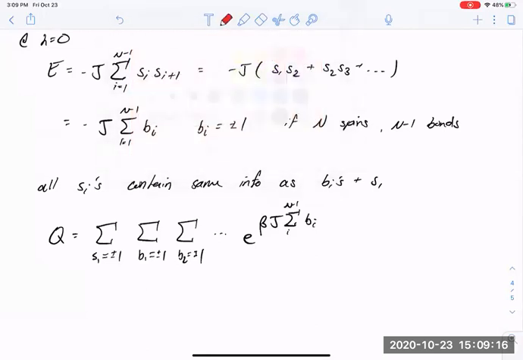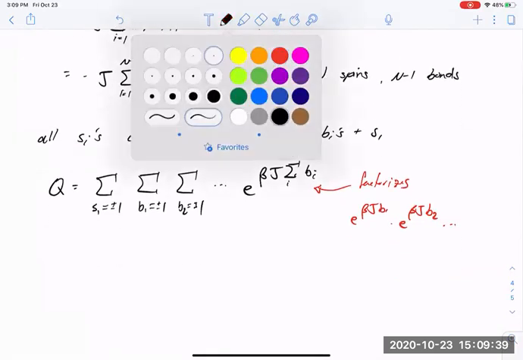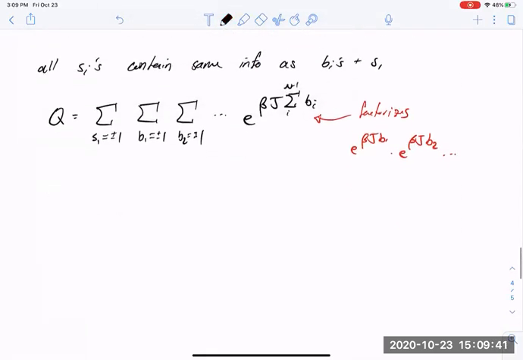And that is super convenient because then that has the form that we know and love and know how to handle. That factorizes into a product of e to the beta J b1 times e to the beta J b2, etc. Each one of those Boltzmann factors I can associate with its own partial sum.